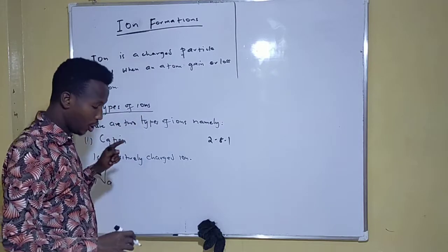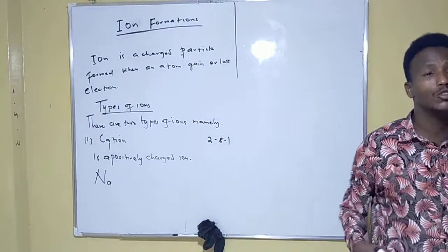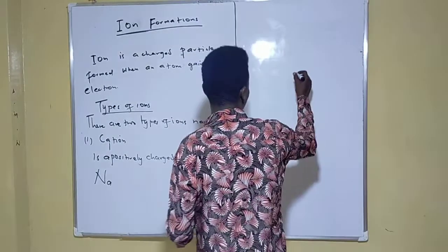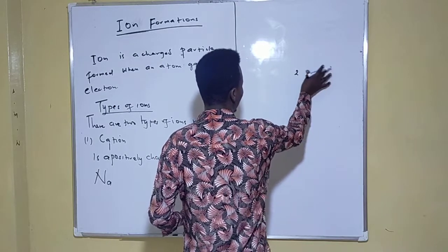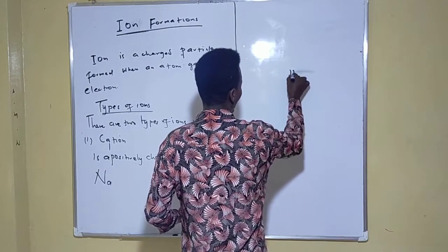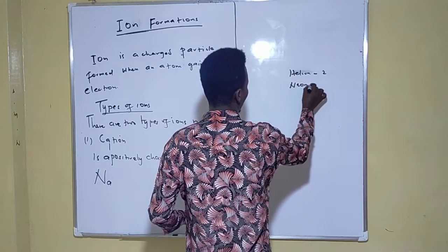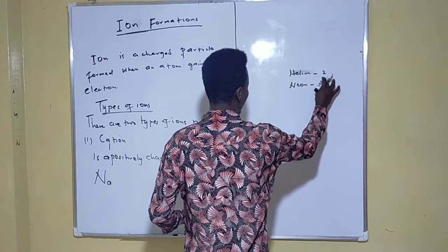And remember, all atoms apart from group 8 are struggling to get the stability of group 8 elements. Remember, we have group 8 elements here. We have helium, 2. We have neon, which is 2,8. Don't forget that.